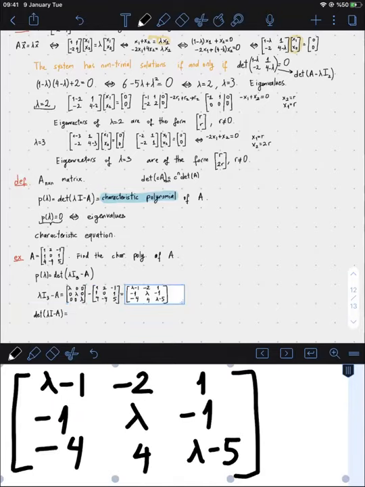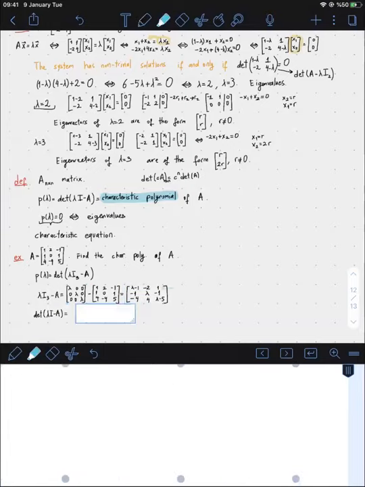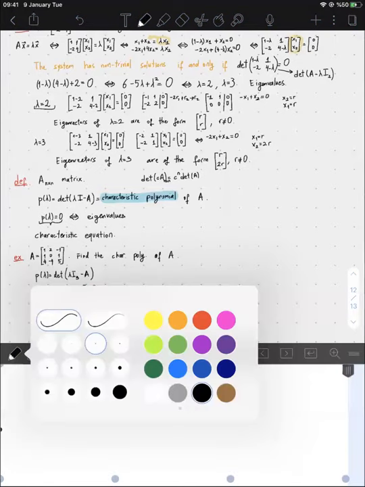If I'm trying to compute the determinant, I can do a column expansion or a row expansion. So let's expand this guy in the first row, for example. What do we get if we expand in the first row?